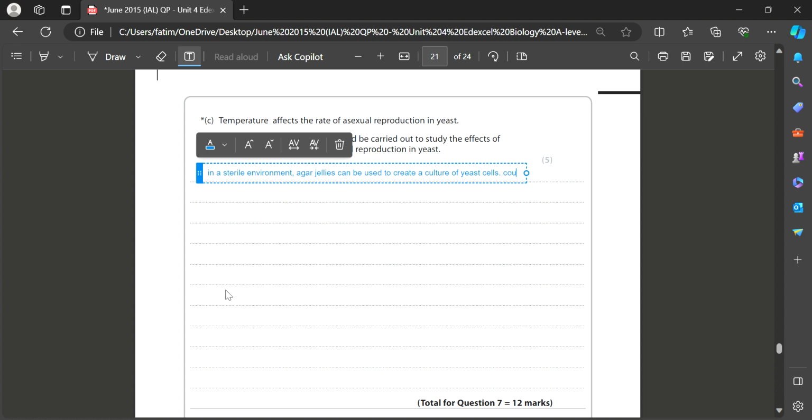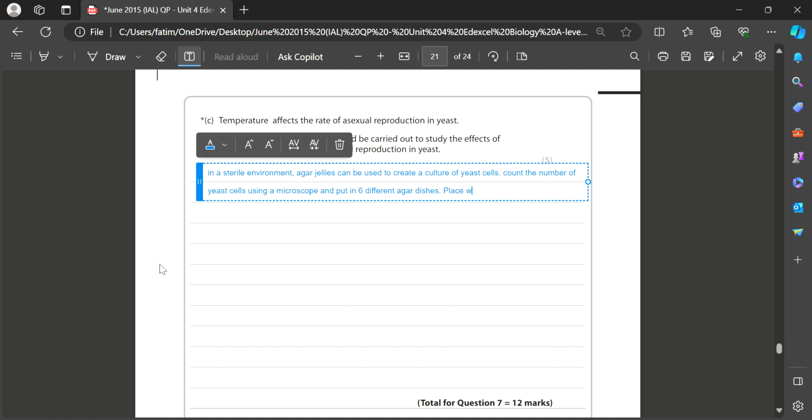So we have to count the number of yeast cells using a microscope, and put them in 6 different agar dishes. Okay, then put them in different temperatures.